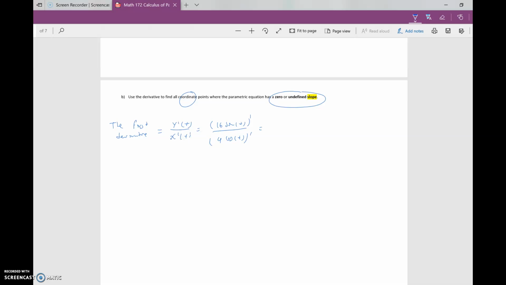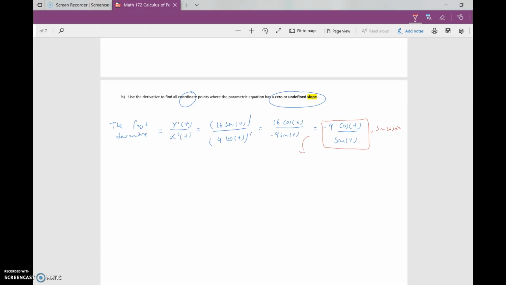Okay, so let me evaluate this one. So we're going to end up with 16 cosine of t over -4 sine of t, which is going to simplify to -4 cosine of t over sine of t. And let me box this in because technically as long as the sine of t is not equal to 0.